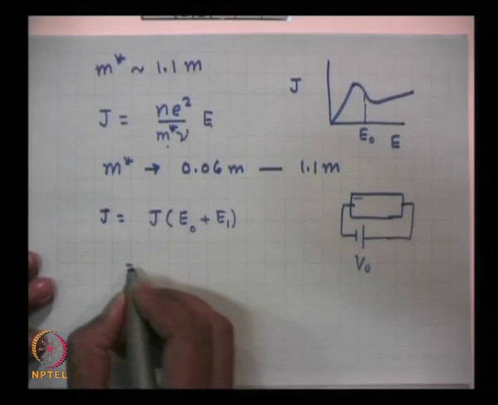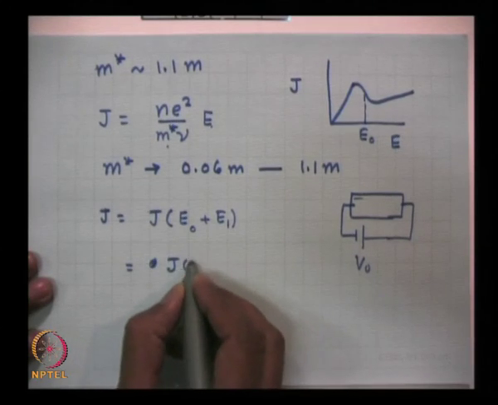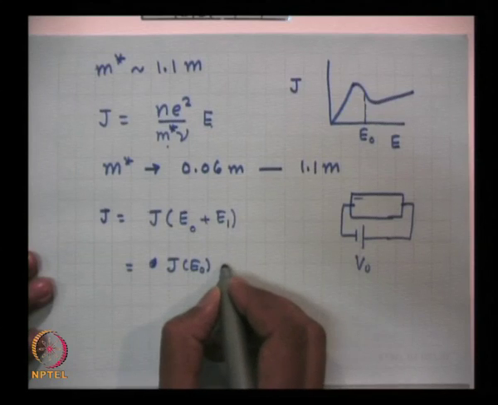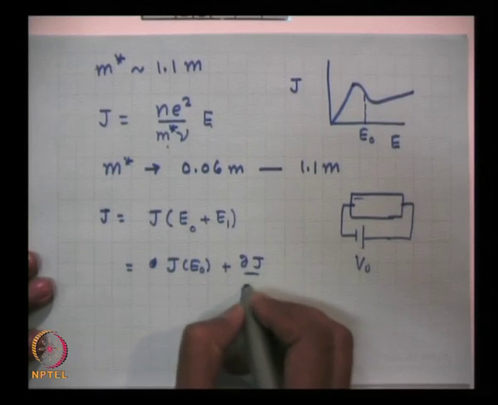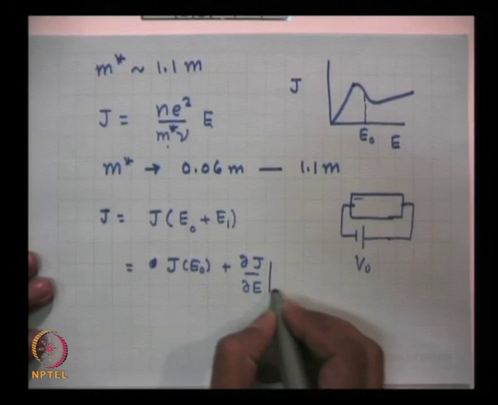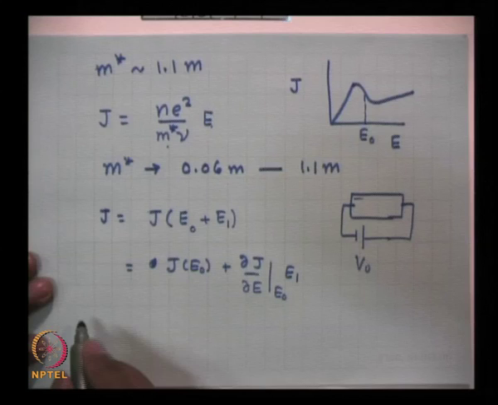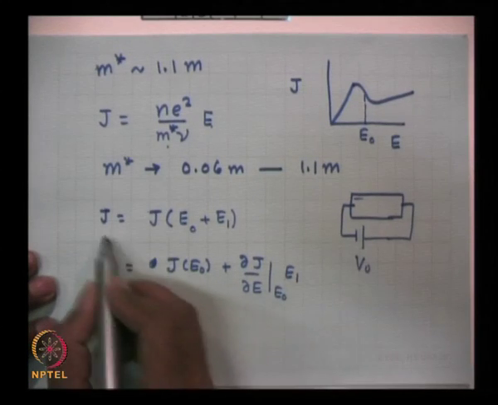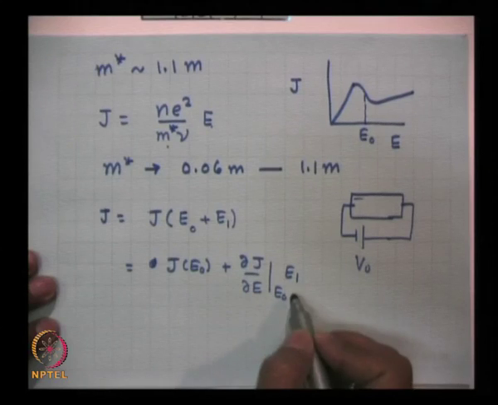This I can expand binomially. If this is small, this will give me J at E0 plus delta J upon delta E at E0 into E1. This is the Taylor expansion of current density. So, this is called the equilibrium current, this is called the perturbed current.